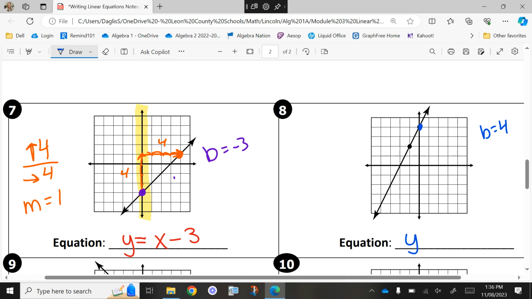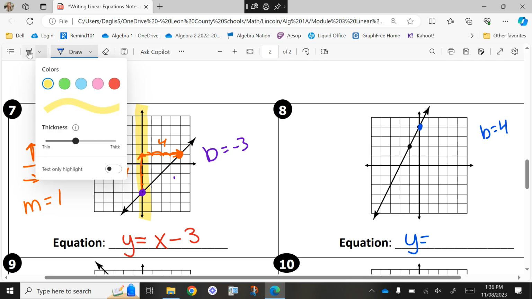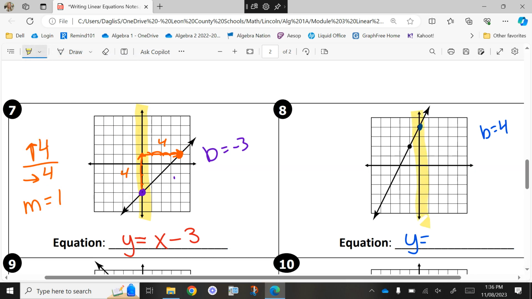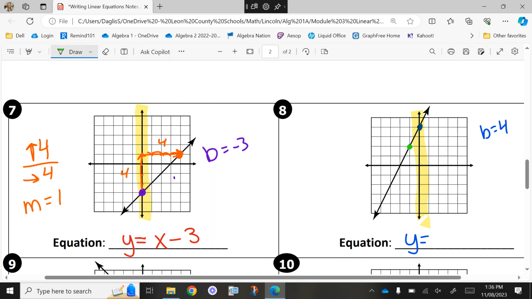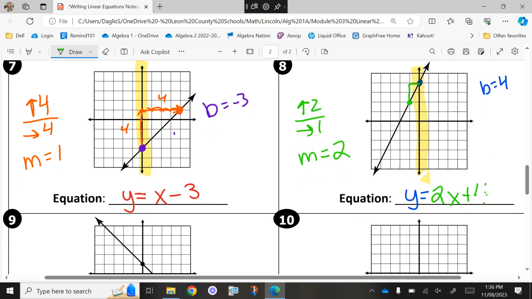It went up, right? All right, so to go from green, we went up 2 and over 1. So 2 divided by 1 is just 2. So yes, it is 2x and then +4.